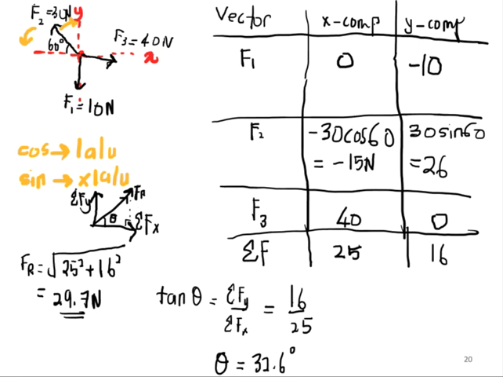Either you draw the right angle triangle, or you can state in a statement that the direction of the angle is from the positive x-axis. So 32.6 degrees from the positive x-axis, because it goes to the first quadrant.